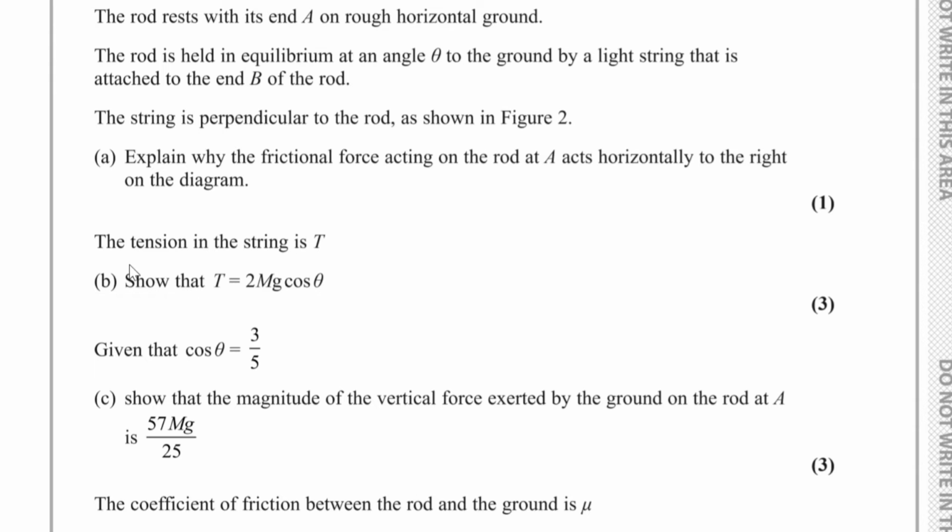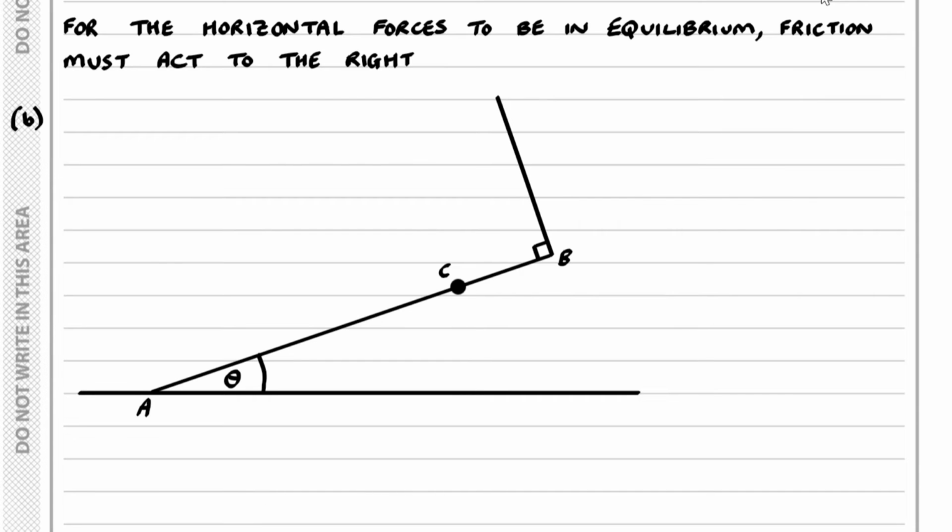For part B of the question, the tension in the string is T, and we have to show that T equals 2 mg cos theta. Well, here is our diagram, and what we have is a frictional force acting at A. We'll call this frictional force F. We've got the tension in the string.